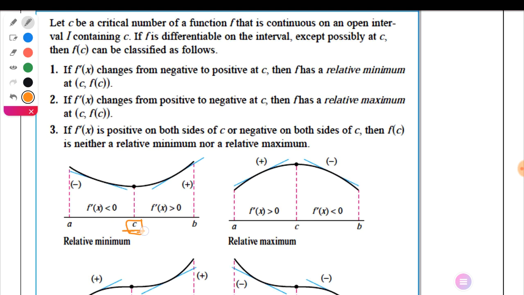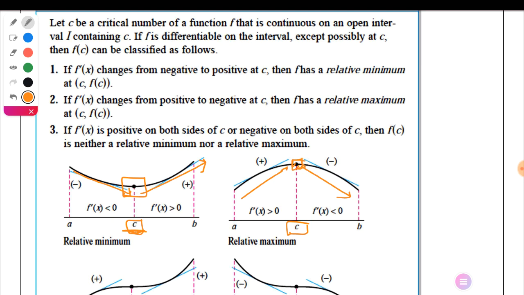If around the critical number c the behavior of the function changes from decreasing to increasing, the function here has a relative minimum value. Also, around the critical number c, if the behavior of the function changes from increasing, reaching the maximum value, then decreasing, the function has a relative maximum.